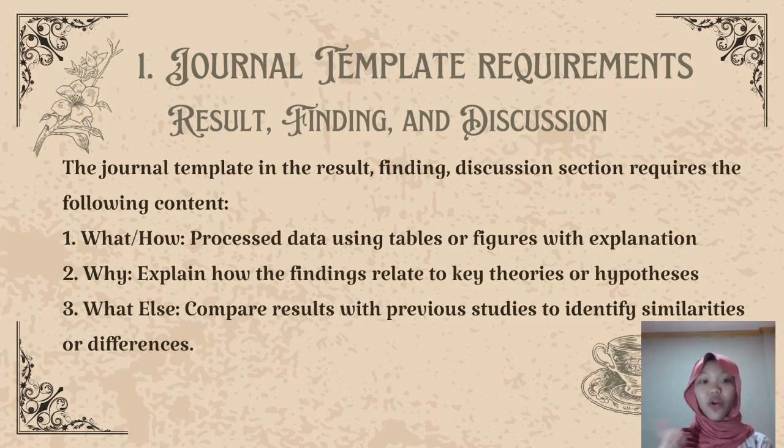First, what or how: process data using tables or figures with explanation. 2. Why: explain how the findings relate to key theories or hypotheses. 3. What else: compare results with previous studies to identify similarities or differences.